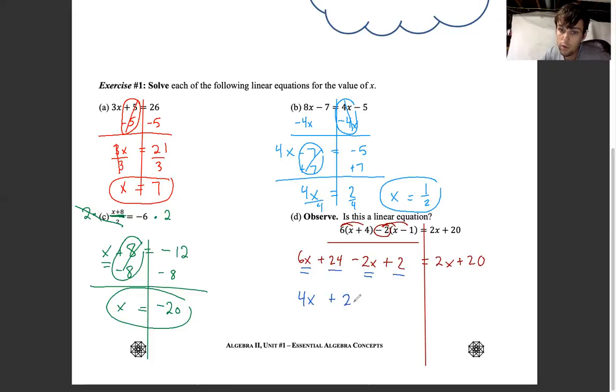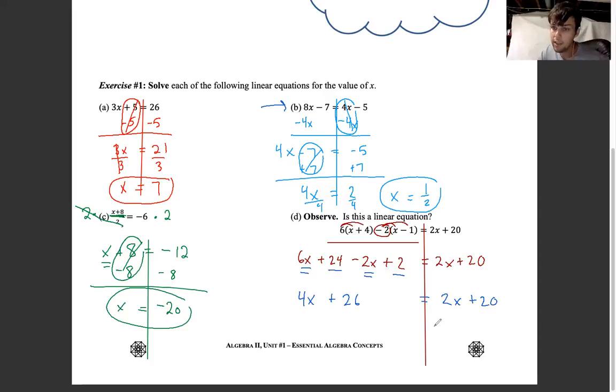Those will go together to be 26, adding those positive numbers together. And now we've reached a point where this problem resembles problem B quite a bit. Each side has 2 terms and we have variables on both sides, but it's not too complicated anymore. We were able to simplify the left-hand side quite a bit.